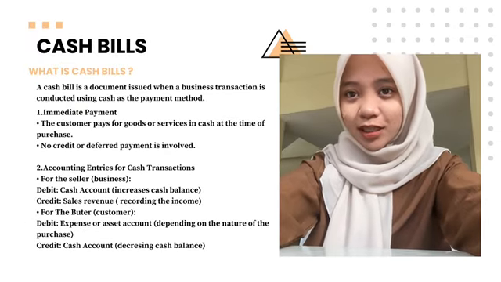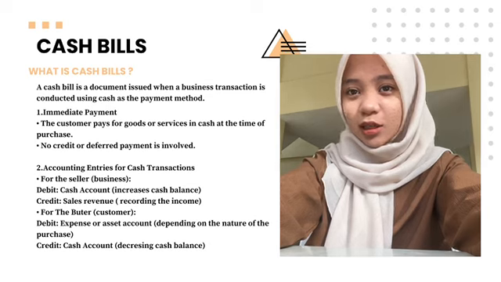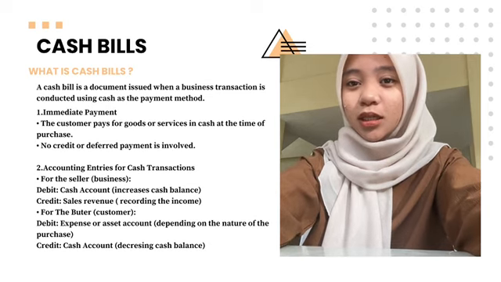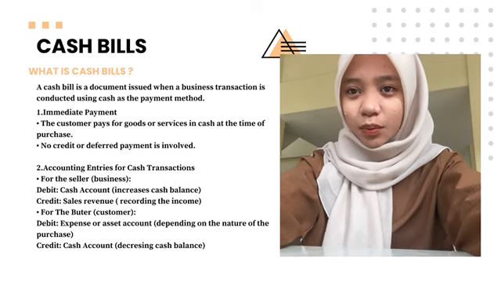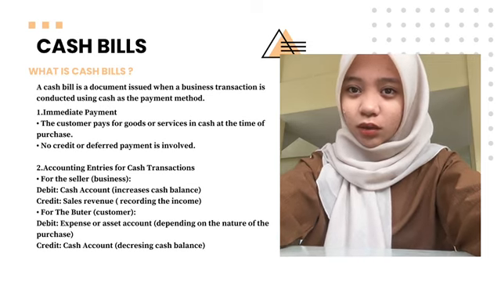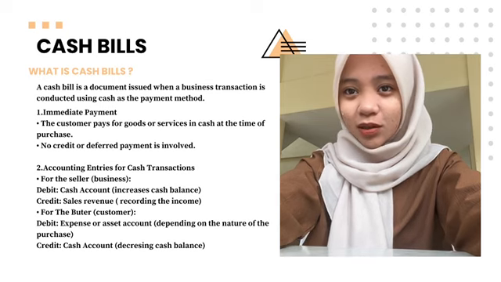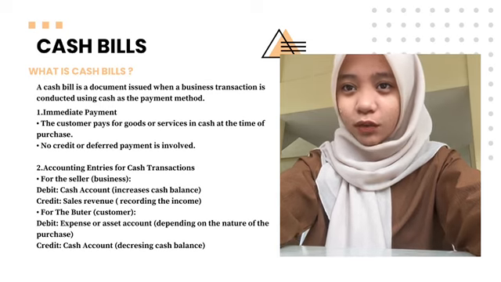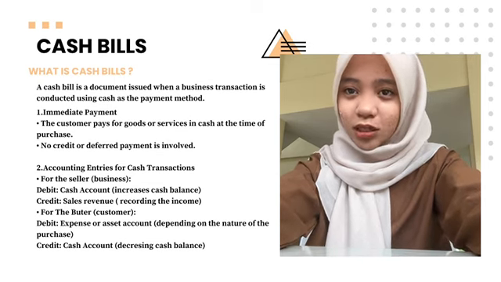A cash bill is a document issued when a business transaction is conducted using cash as the payment method. With immediate payment, the customer pays for goods or services in cash at the time of purchase. No credit or deferred payment is involved. Two accounting entries for a cash transaction.